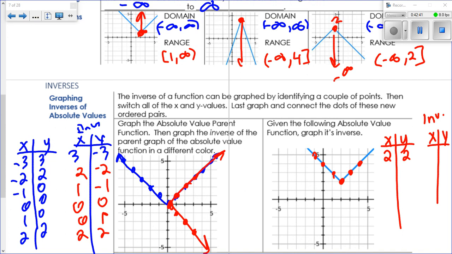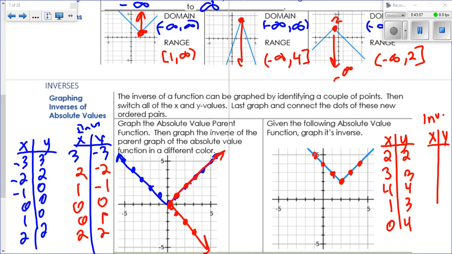Going to the right, I have, let's see, 3, 3, 4, 4. Now, going to the left, I have 1, 3, and then 0, 4.